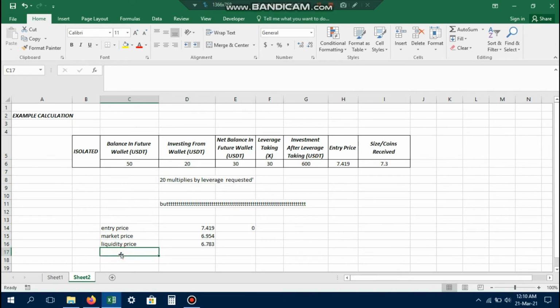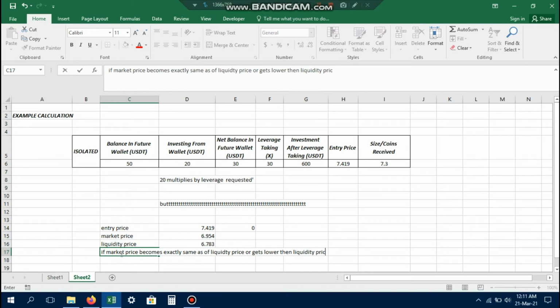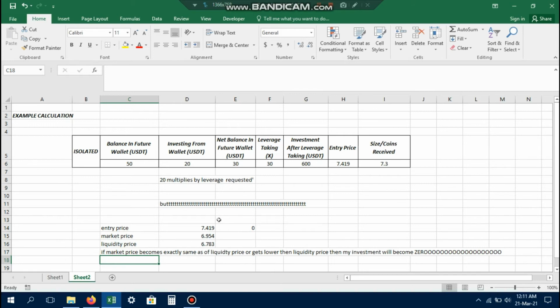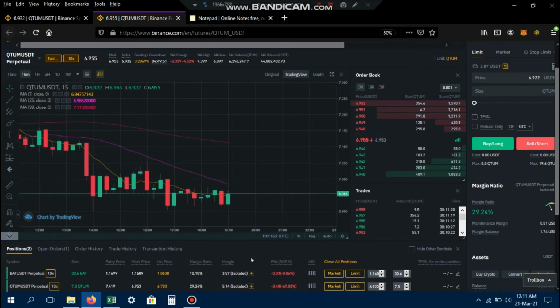You can check like this, that if market price becomes exactly the same as the liquidity price or gets lower than the liquidity price, then my investment will become zero and I'll be in the loss because my whole investment is zero.